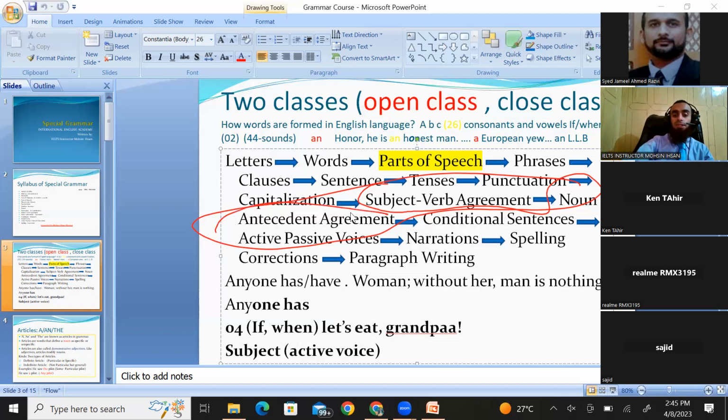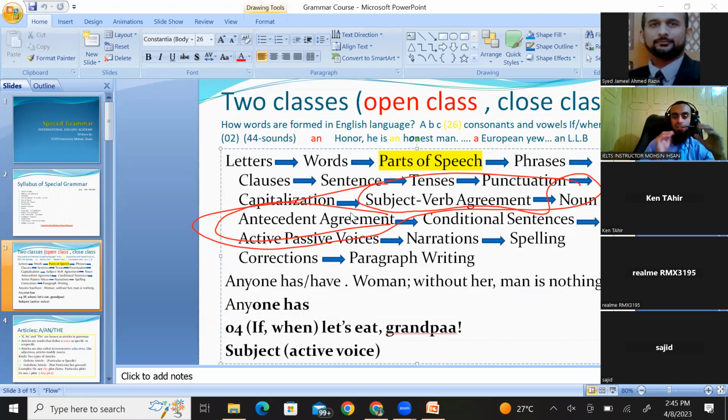And then noun antecedent agreement: for what nouns and what pronouns you are supposed to use what kind of next pronoun. For instance, if you have used someone, and if someone goes to the market, then while referring back to that someone with a pronoun, what should we use, they or he or she?